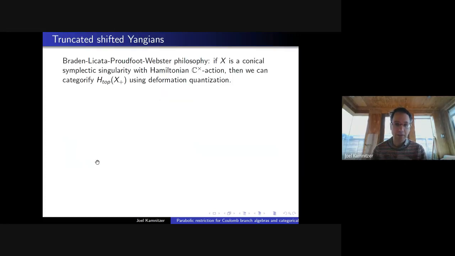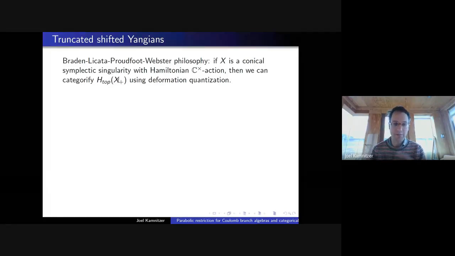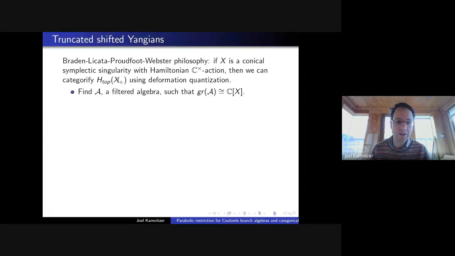Okay, so following this Braden-Licata-Proudfoot-Webster philosophy, we would like to categorify this X plus, which in our case will be this Gur lambda bar intersect S mu. So what's the idea?